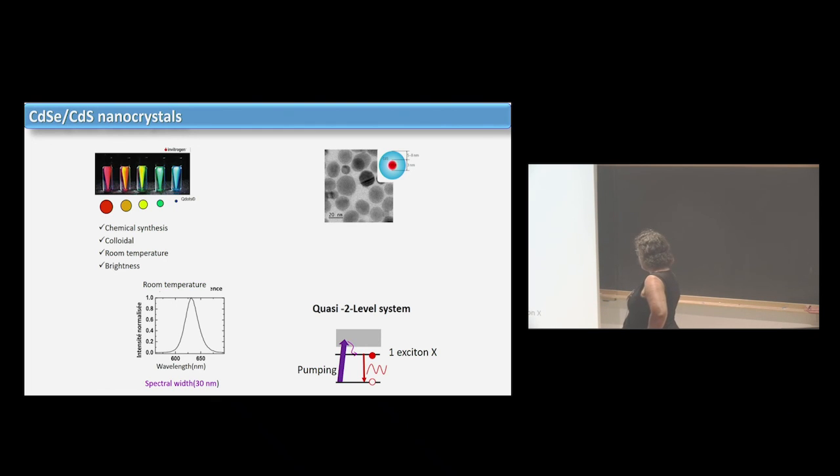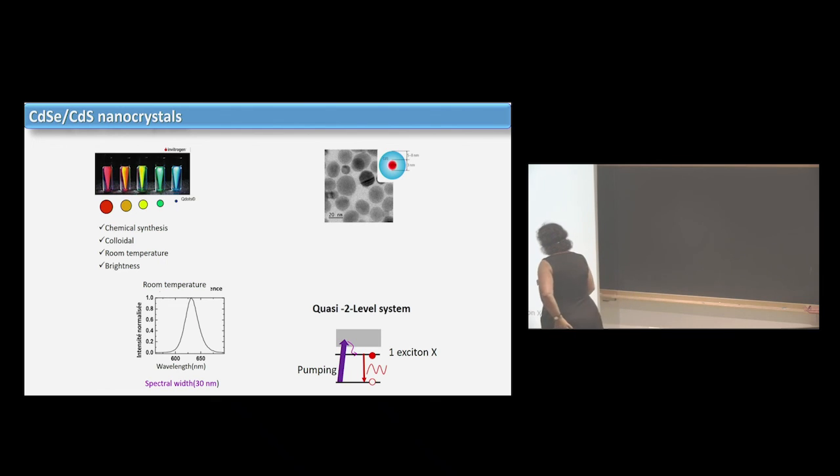When you look at this emitter, you can say they are a quasi two-level system. In fact, we excite them in the blue, 405, 450, 470. We excite them in a continuum of states. When you want to know the states, you solve the Schrödinger equation and you find many, because it's a quantum dot with discrete levels.